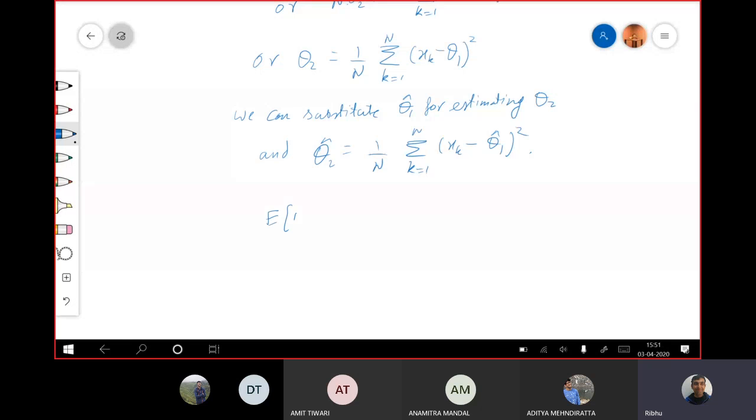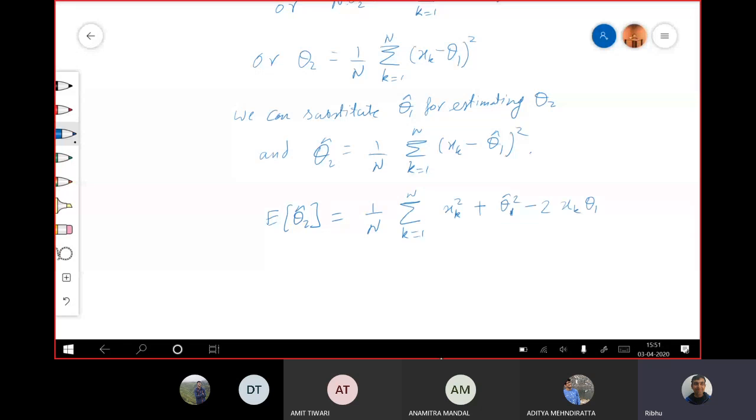Theta 2 hat equals 1 upon n summation k equal to 1 to n xk square minus theta 1 hat square, where theta 1 hat is the mean estimate.